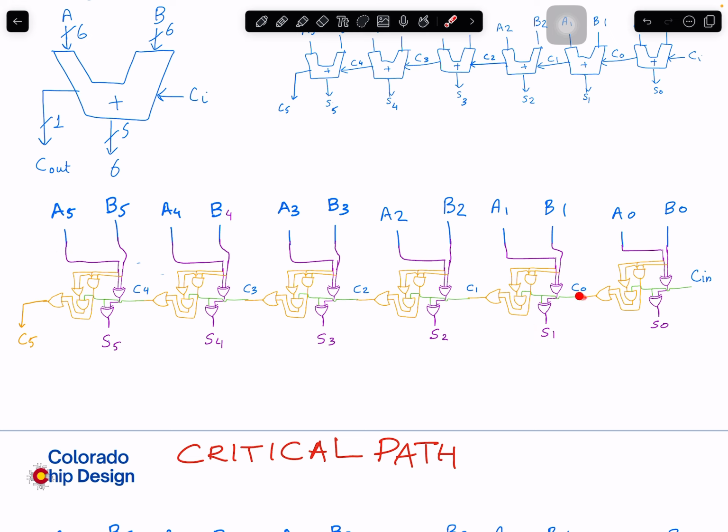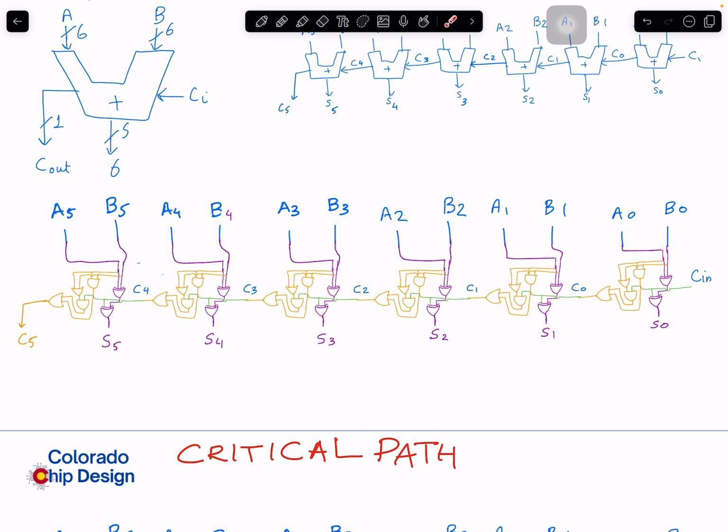So the second one needs to wait for the first one. The carry C0, which is the output from the first and input into the second, is generated from the signals A and B propagating through, with the carry input coming in. Similarly, the next one also goes through this.